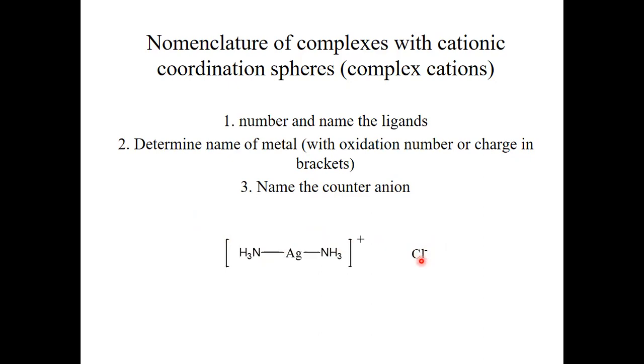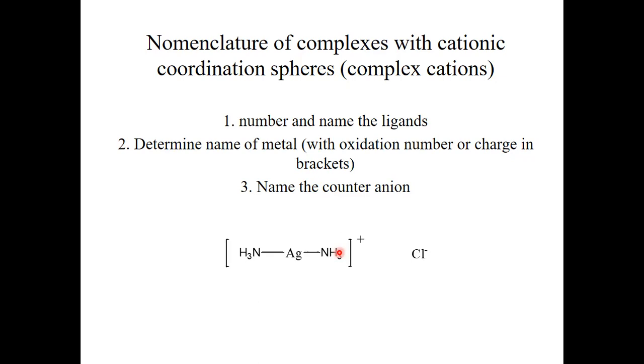How would we name this coordination compound? Realize first, well, we have a complex cation in this case. So we number and name the ligands. So we have 2 amine ligands in this case. Note that when ammonia acts as a ligand, it's called amine, whereby amine is spelled with 2 M's because ammonia is spelled with 2 M's.